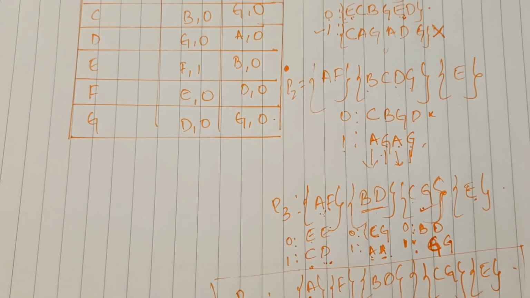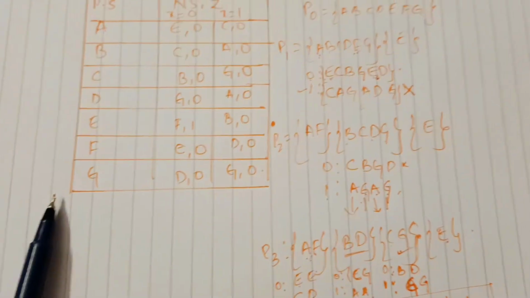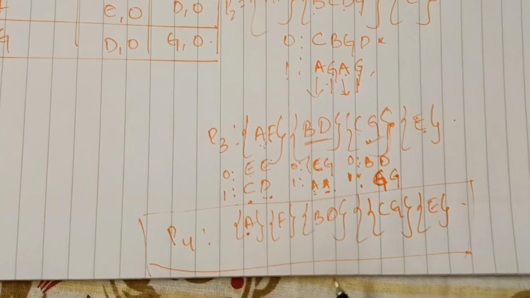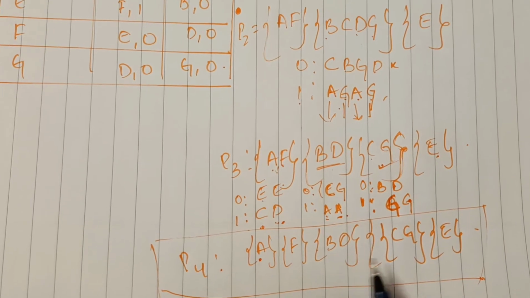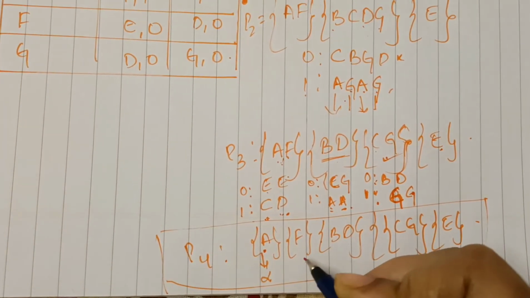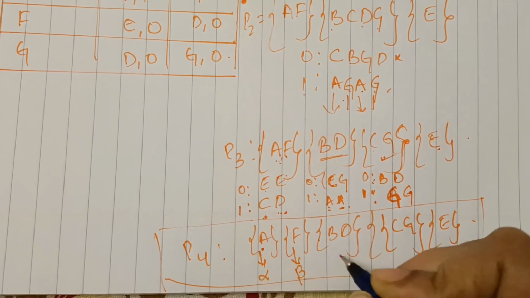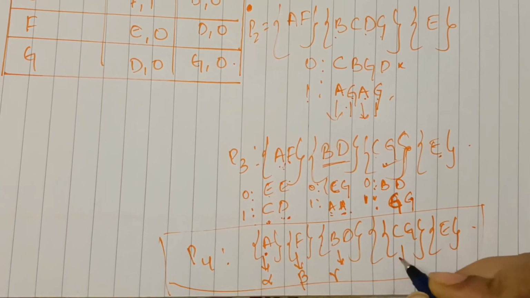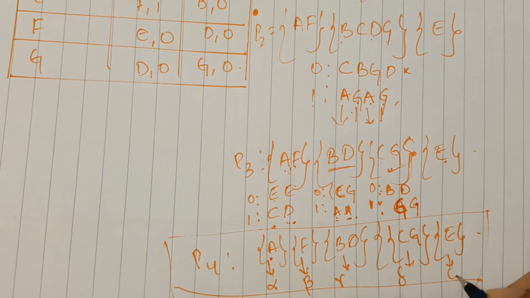Okay. So when these many present states are given, you have reduced it into A, F, B, D, C, G, E. Now consider this one as alpha, and your wish, any values: beta, gamma. Suppose this is delta, this is epsilon.